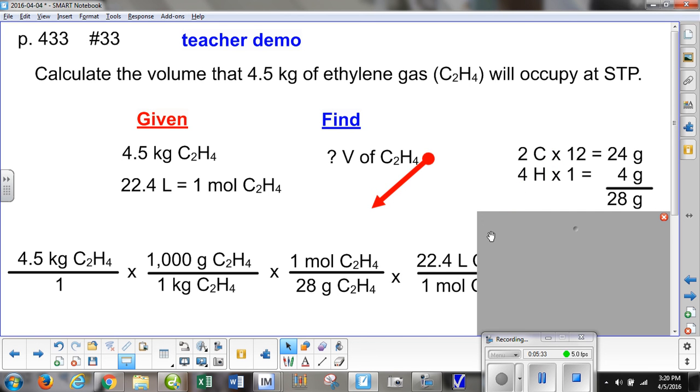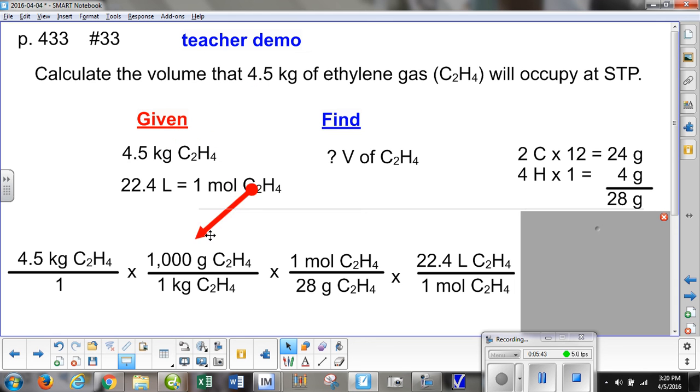And the last little thing that we put in there is the number of liters, because now we know the moles. So we're starting from kilos, going to grams with this fraction, going to moles with this fraction based on the molar mass, and then the STP is our friend for the end.